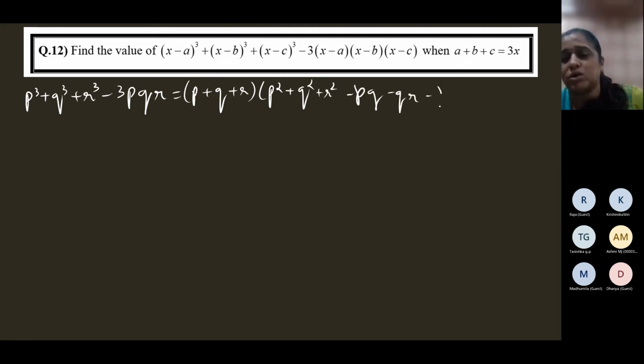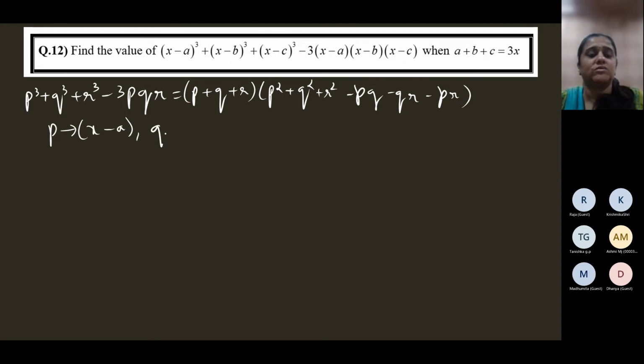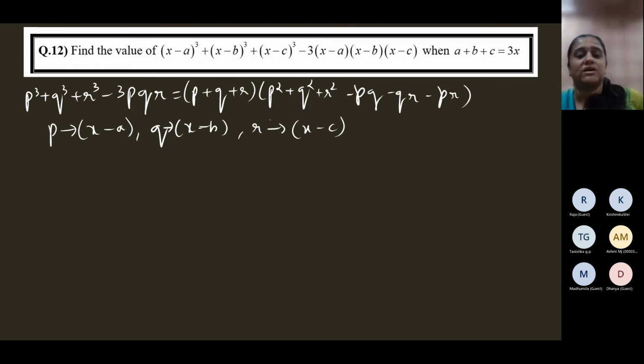All right, we can use this identity. Now, what is p? p is x minus a. And what is q? x minus b. And what is r? x minus c. You can see there: x minus a, x minus b, x minus c.